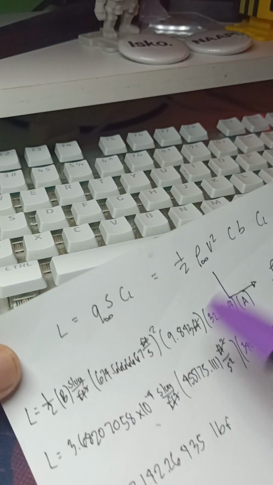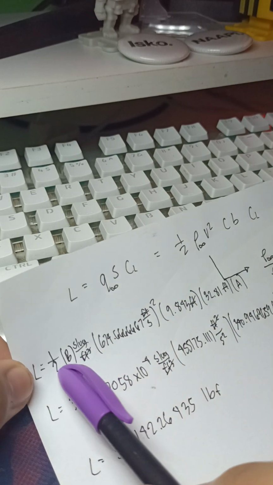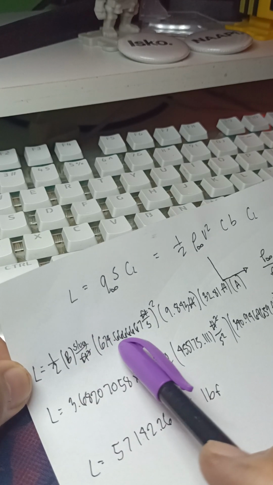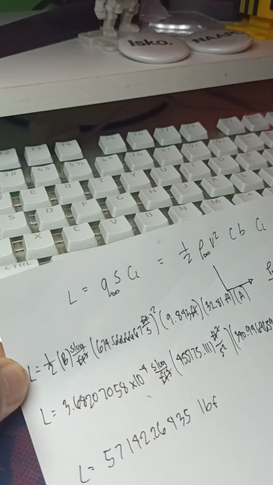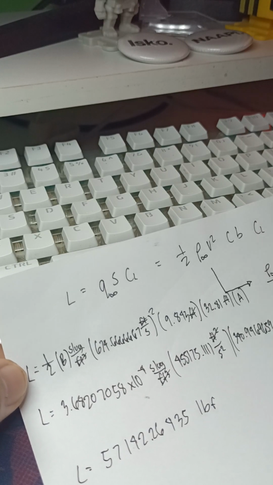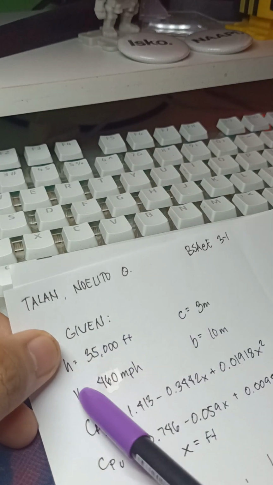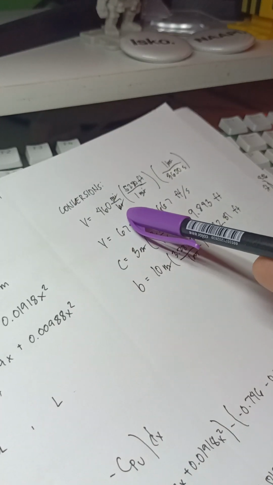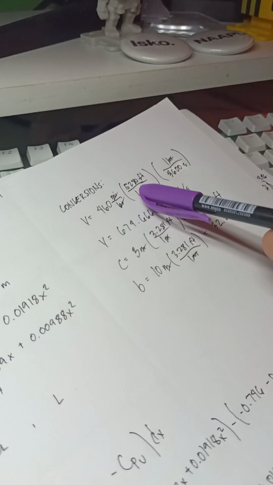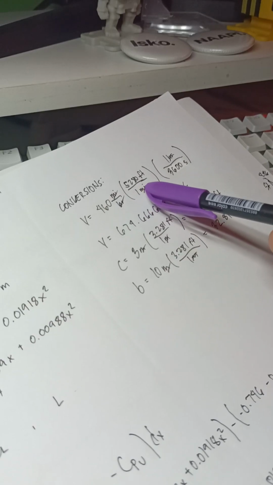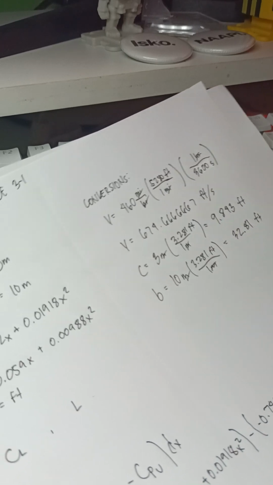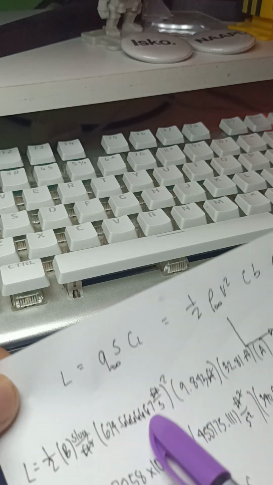So, we go back to the lift equation and plug in the values. 1/2 times the ambient density in slug per feet cube, and then the speed, which is 460 miles per hour. These are the conversions: 460 miles times 5,280 to convert to feet, and then divide by 3,600 to convert to seconds.